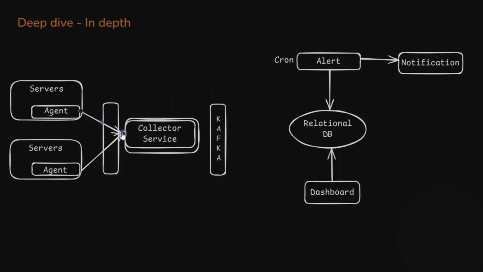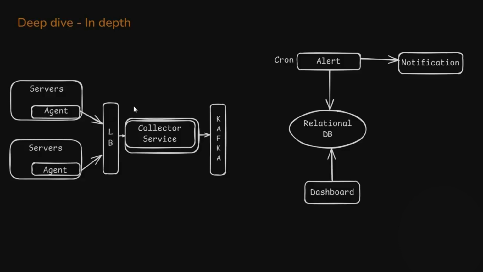These servers are sending these requests to this load balancer, and this load balancer would be sending the requests to these multiple instances of the service. These services are just publishing the messages to the Kafka topic. Here we need the load balancer.